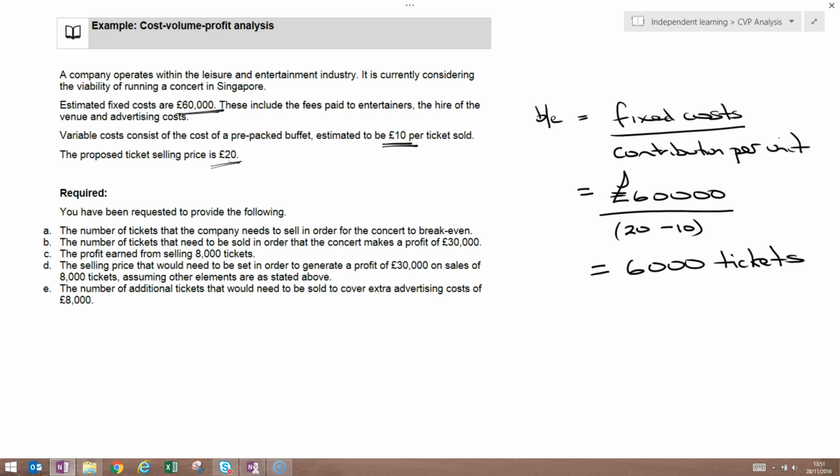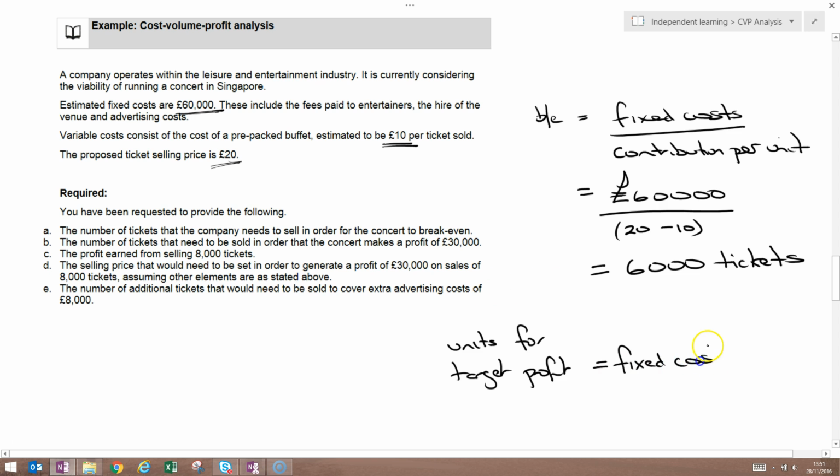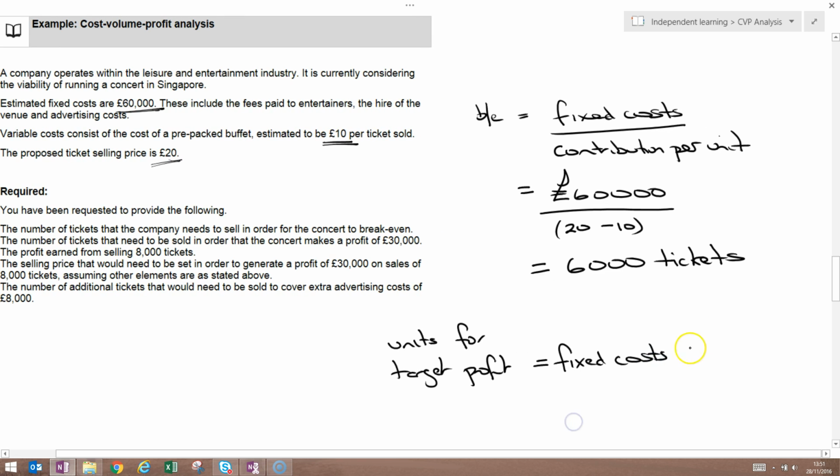Part B, how many tickets do we have to sell to make a profit of £30,000? So this is our target profit formula. So the units for target profit, and the formula for this is similar to the break-even formula. It's the fixed costs, but we add target profit and divide by the contribution per unit.